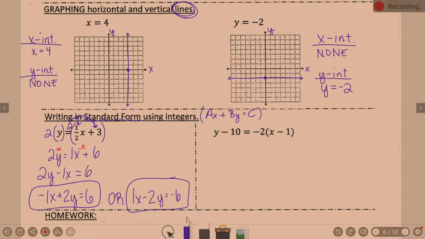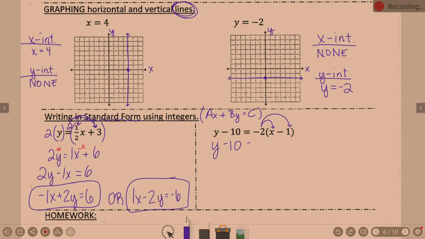y minus 10 equals negative 2 times (x minus 1). Parentheses. How do we deal with parentheses? Distribute. Take the negative 2 and distribute.